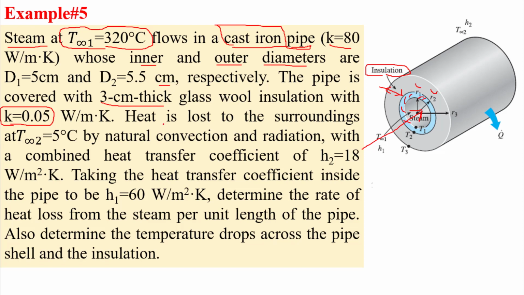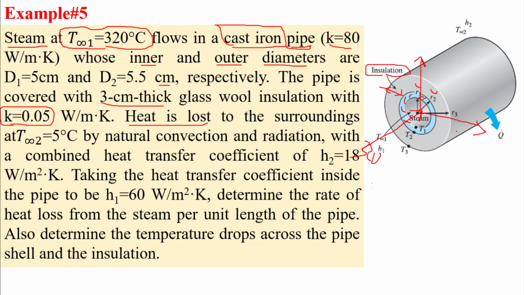Heat is lost to the surrounding at 5 degrees Celsius. So still we have a certain amount of heat lost to the surrounding. So this temperature is 320. Because of the high temperature, the heat will escape in this direction to the surrounding, from inside to outside.